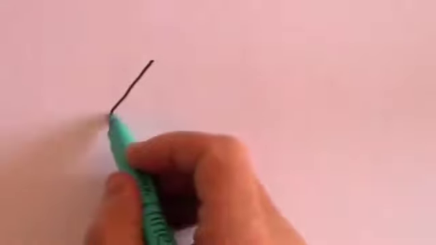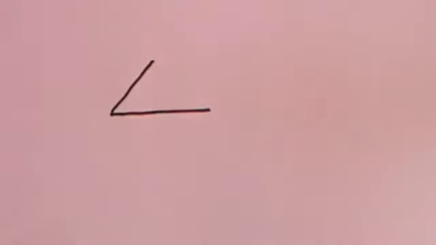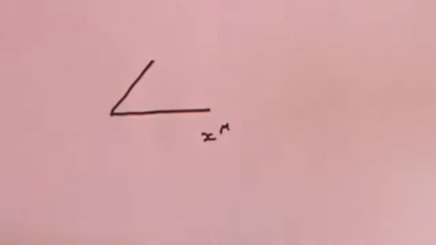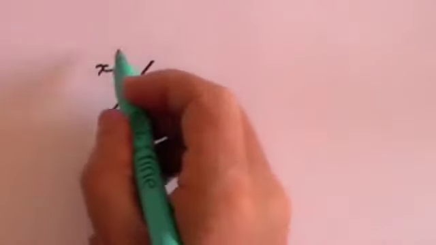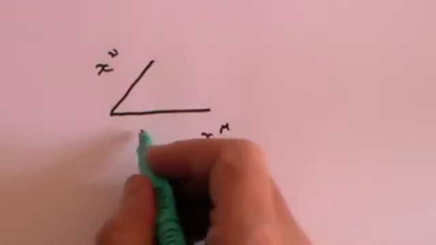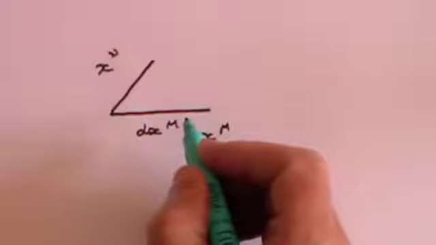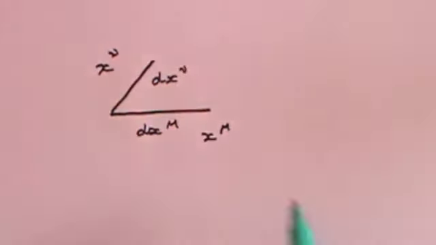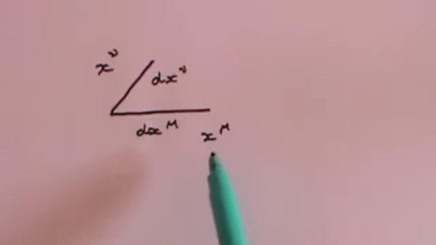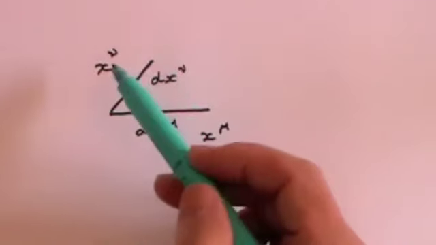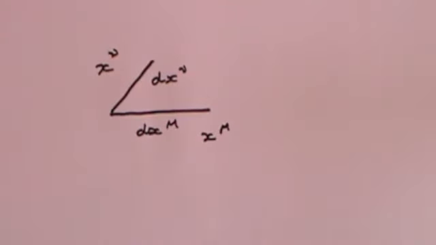So let's now take two coordinates, which do not necessarily have to be at right angles. This is the x^μ coordinate, this is the x^ν coordinate, and I'm going to have a distance which I'm going to call dx^μ, and a distance this way which is dx^ν. So a distance dx^μ in the x^μ coordinate system and a distance dx^ν in the x^ν coordinate.